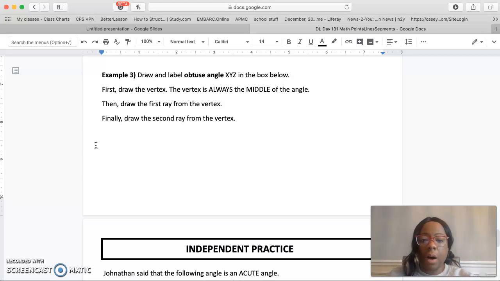The vertex is always in the middle of the angle. Then they want you to draw the first ray of the vertex and finally draw the second ray of the vertex. Remember, it's an obtuse angle, so it will be larger than a right angle and it will have two rays connecting at a vertex.